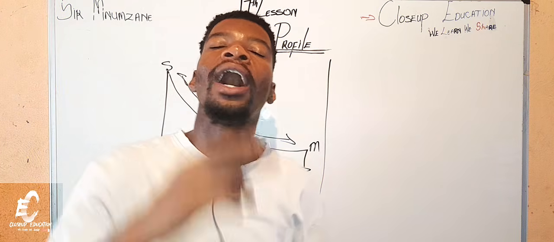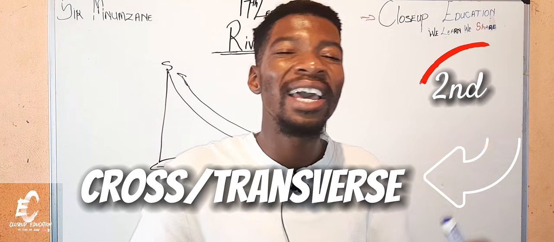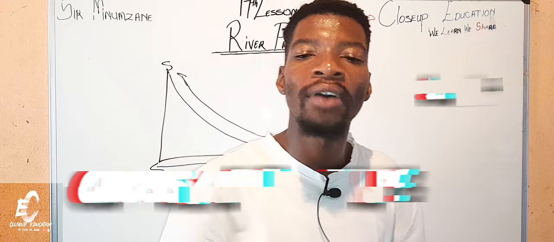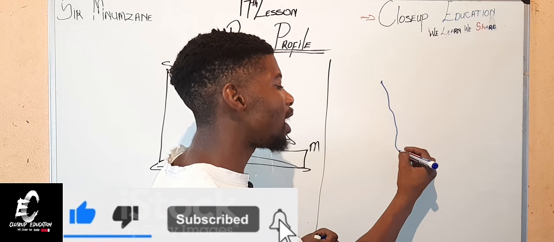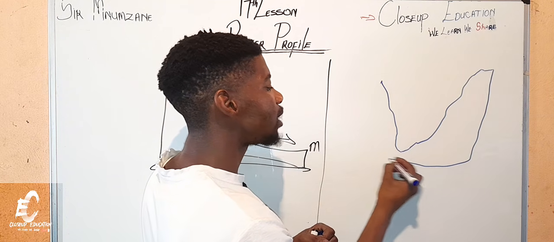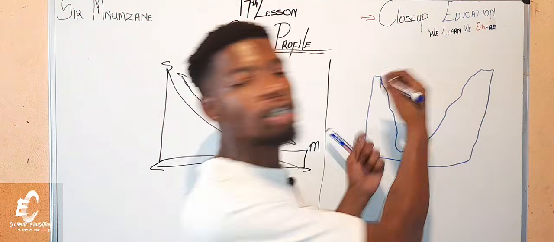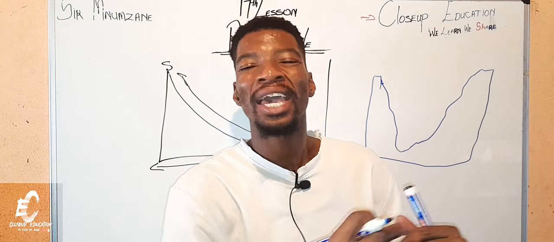Then we have our second profile, which is called the cross, or the transverse, profile. How does it look? It looks something like this, right? What do you see when you look at the cross profile?